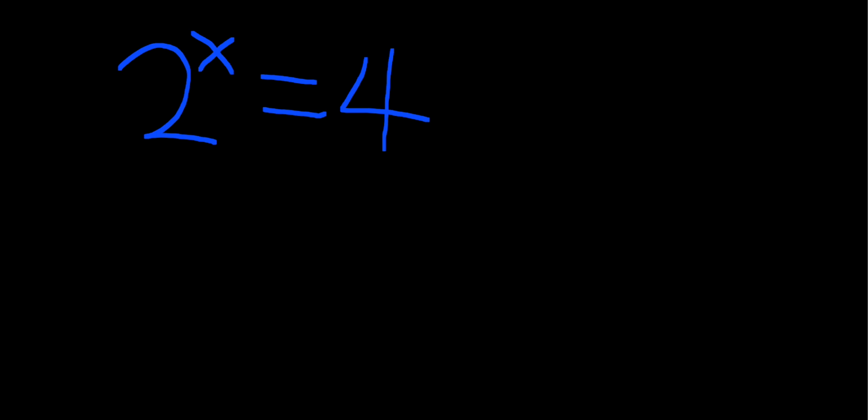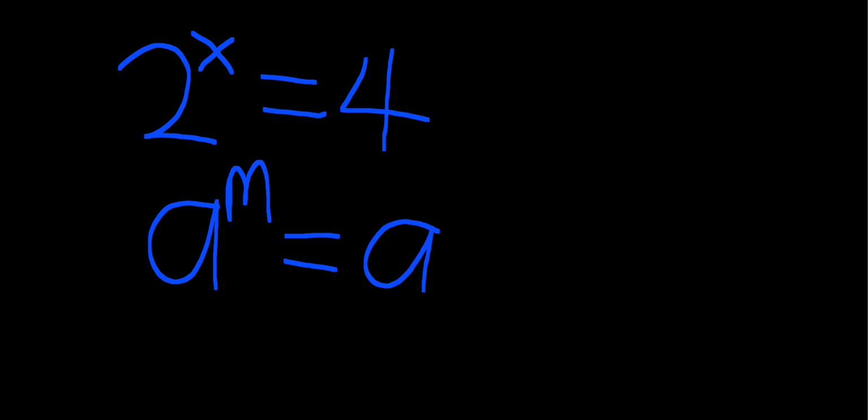To solve a problem like this, we shall be using a law which says that if you have a number, let's say a, exponent another number, let's say m, is equal to a number, let's say a exponent n. I'm just using the variable to represent any numbers.